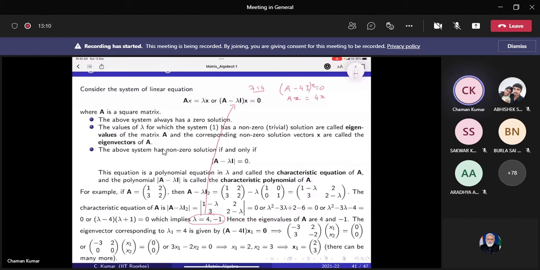Now this is a system of homogeneous equations. You know how to solve the system of homogeneous equations. We have seen in the previous lecture. So you solve the system of homogeneous equations to get the value of x. When you do this, x will come out to be 2 3.